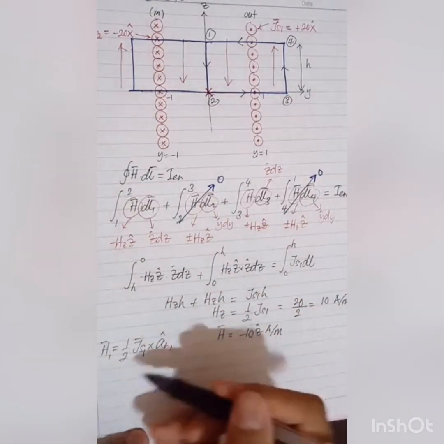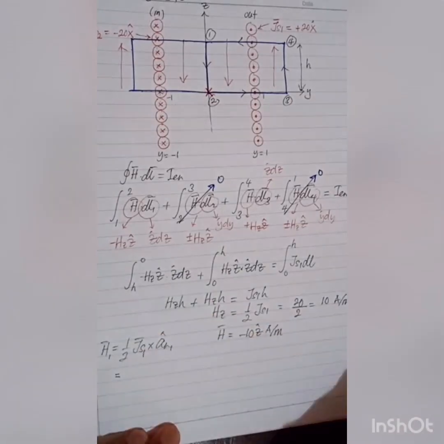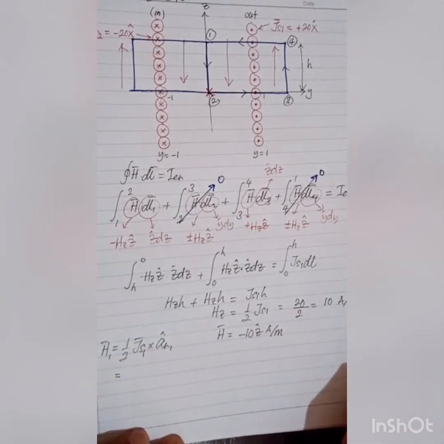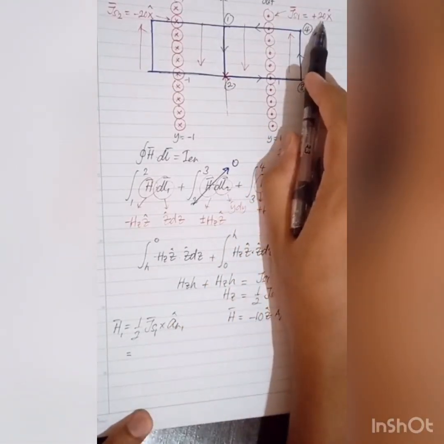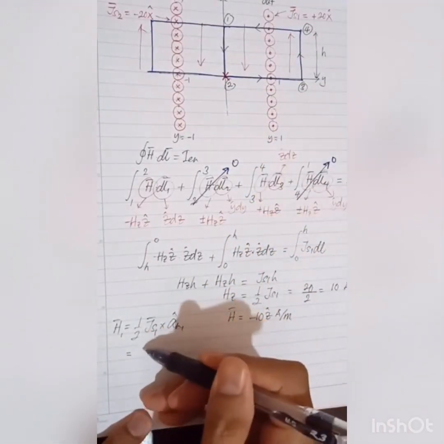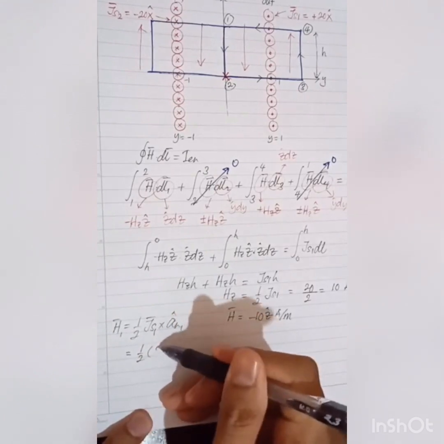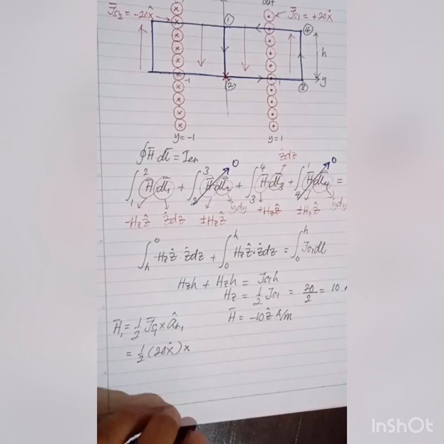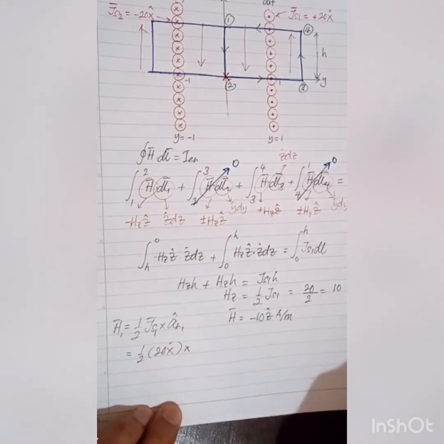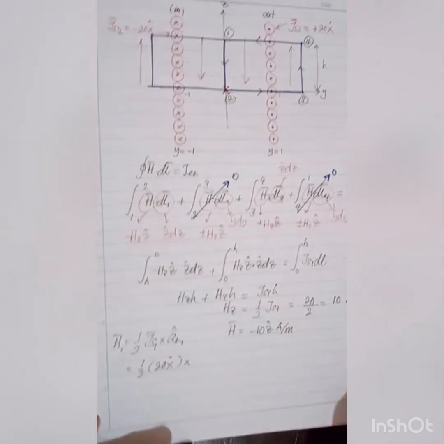Okay, so now we deal totally in vectors. Js1 is actually given as positive 20x, right? So just put here positive 20x cross the an. Okay guys, the an here actually refers to the unit normal vector pointing normal from the surface current to the point of interest.